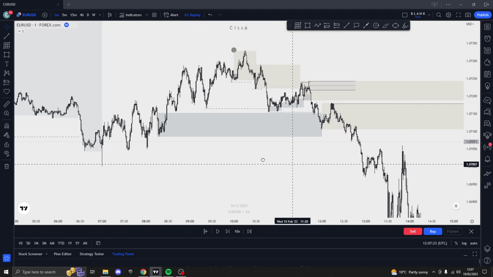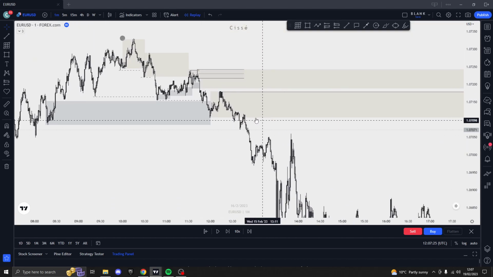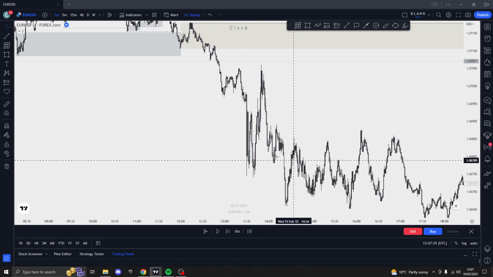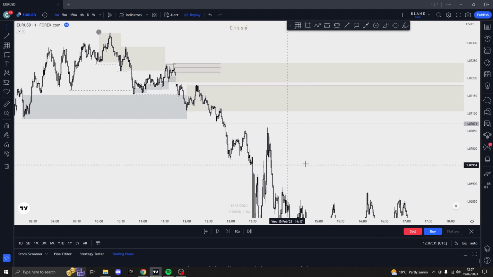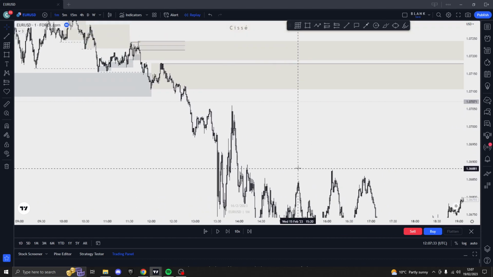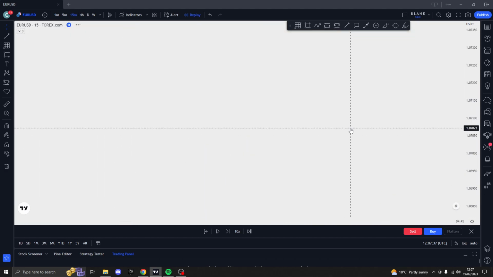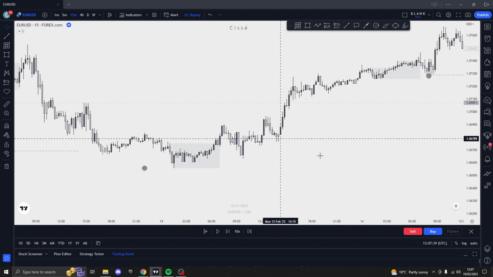However, as you can see, price continued to the downside and it didn't get tagged. So I then took my order off, probably around about here really, when it was basically gone. It was never going to come back on that day. So I took the order off at that point.